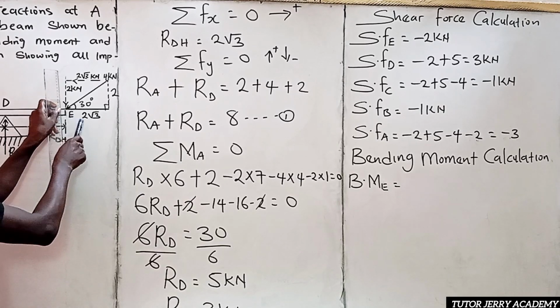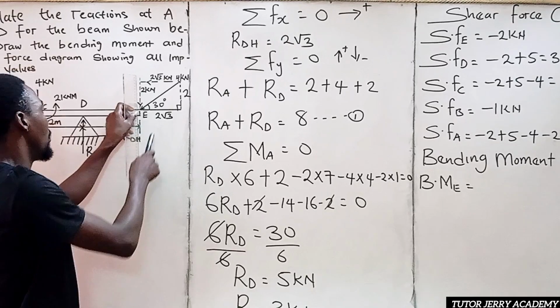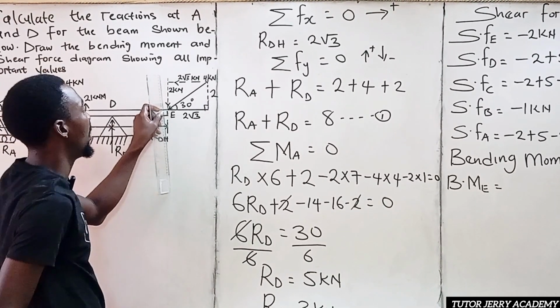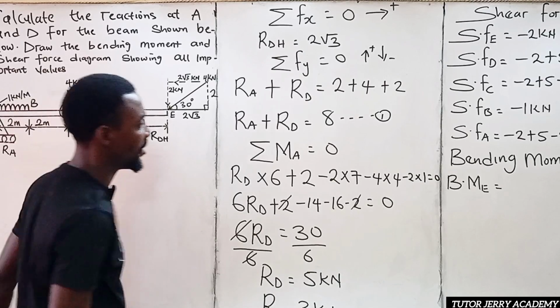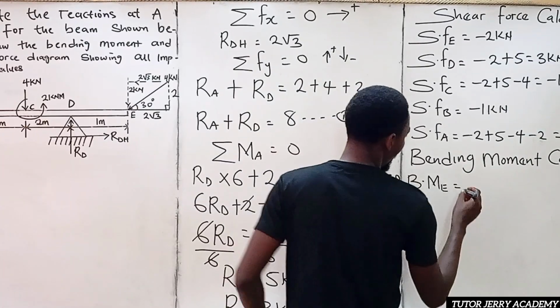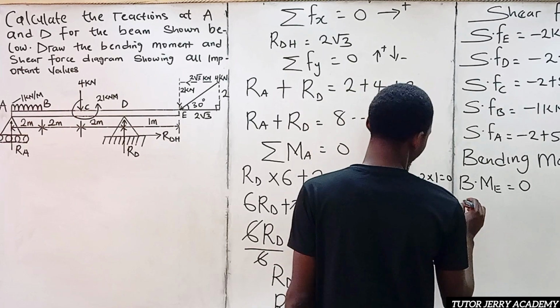Don't forget, don't go and use 2√3 as distance. 2√3 is not distance. 2√3 is our horizontal force. You understand? We don't have any distance. So the bending moment at point E is going to be what? 0.